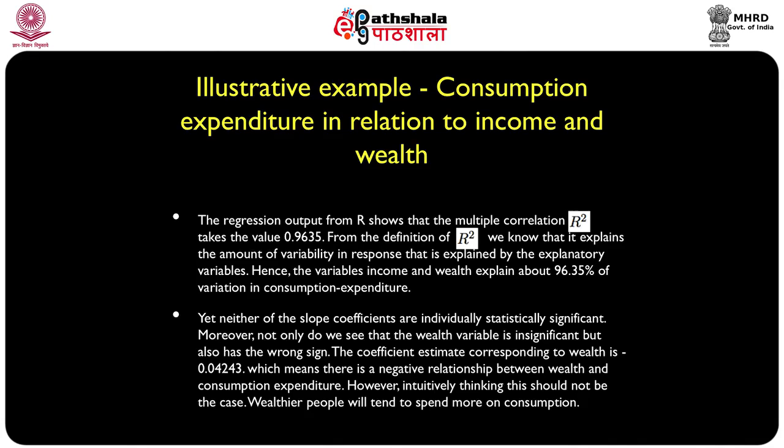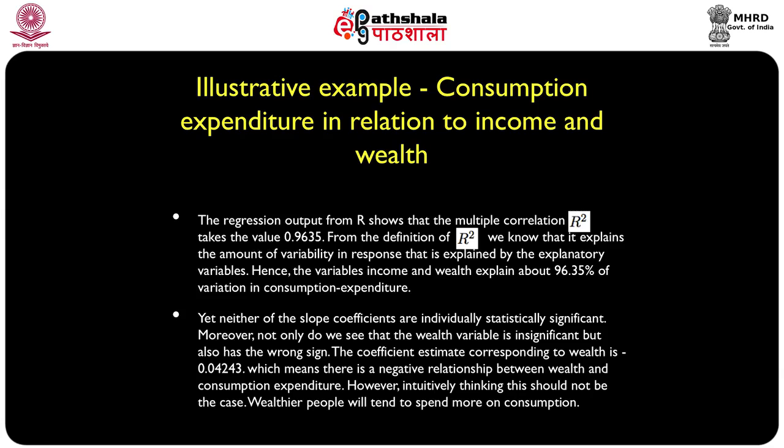Yet, if we look at the coefficients, neither of the slope coefficients corresponding to income or wealth is individually statistically significant. Moreover, not only is the wealth variable insignificant, but it also has the wrong sign. We know that wealthier people tend to spend more on consumable items.